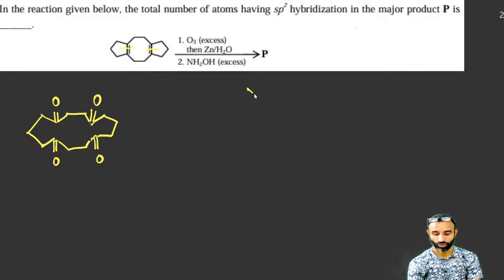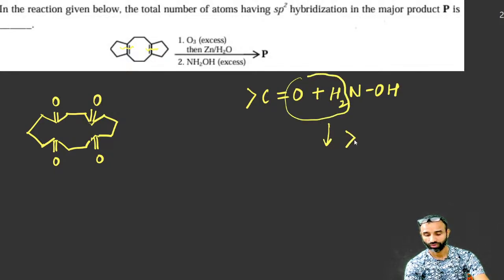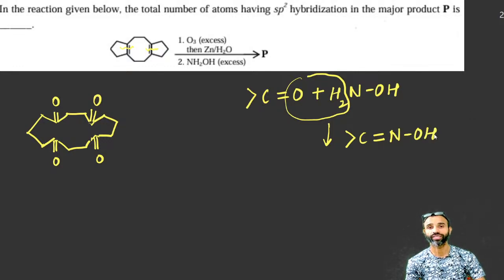Now, when we have a carbonyl group and it is treated with NH2OH, that is hydroxylamine, there is a removal of H2O. This is from aldehyde, ketone, carboxylic acid, addition of ammonia derivative. So we get this product.